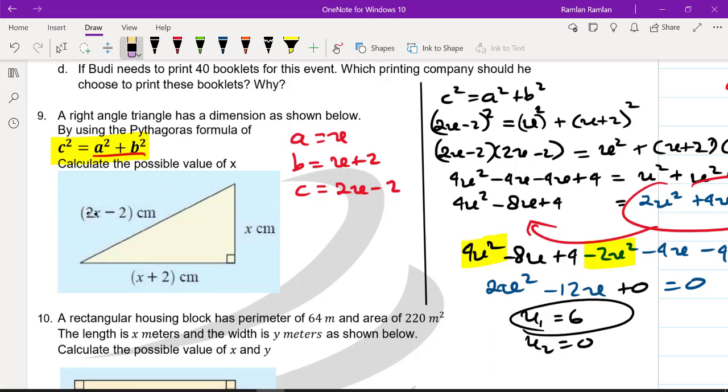But if you put the 0 here, then this side will be 0 centimeters, right? So we don't have a right angle triangle if it's 0. Which means that the value of x is just this one, because the other is not possible. So this is going to be the final answer.